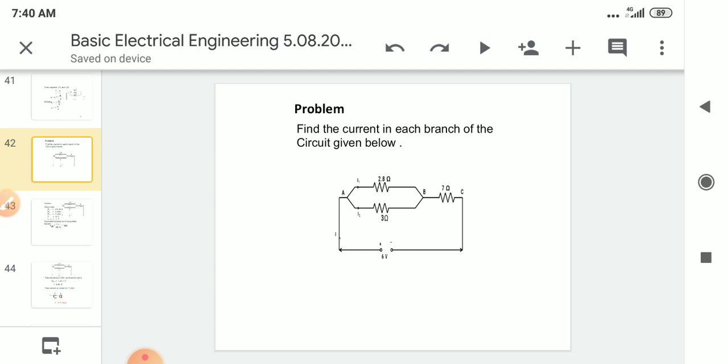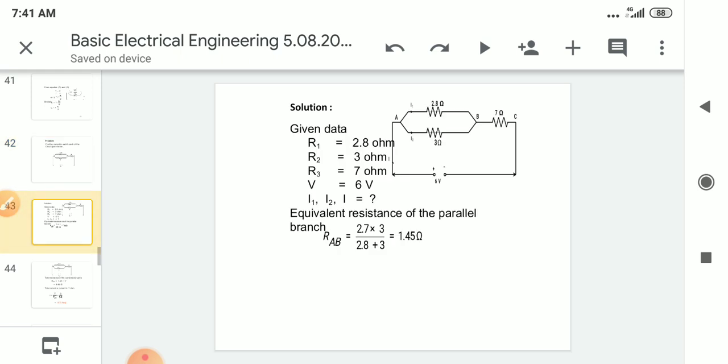Just see one more time. Find the current in each branch of the circuit given below. Here I is divided into I1 plus I2. These two resistances are in parallel, and the equivalent resistance is in series with the next resistance, right?